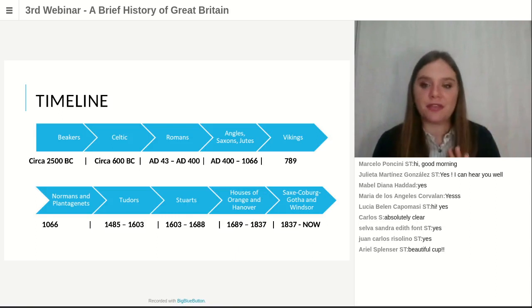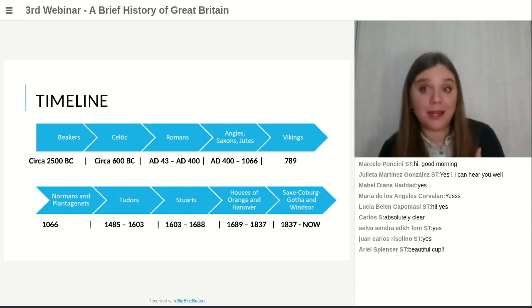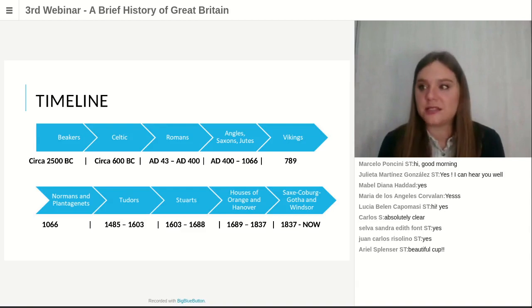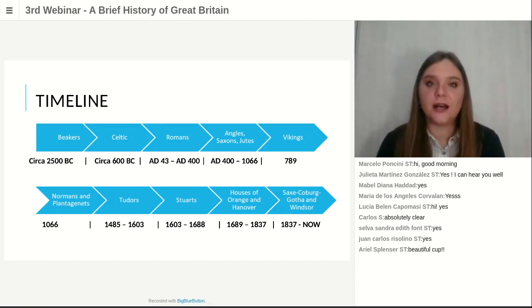Some brief things about the UK geographically. It is connected to the mainland of Europe, so that is important because originally it was literally connected.